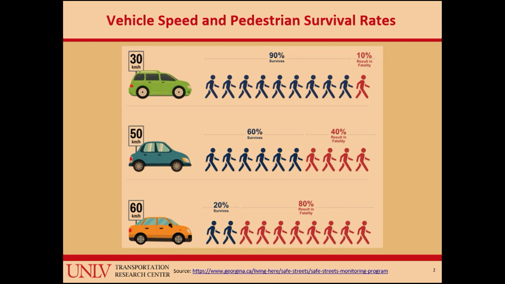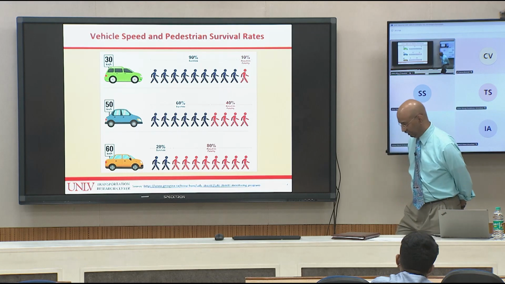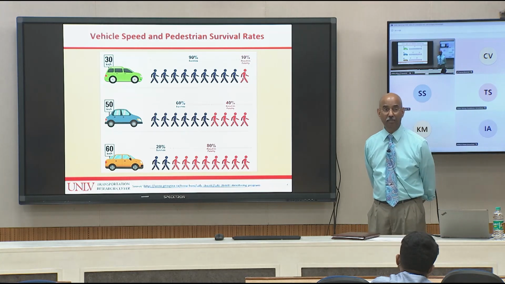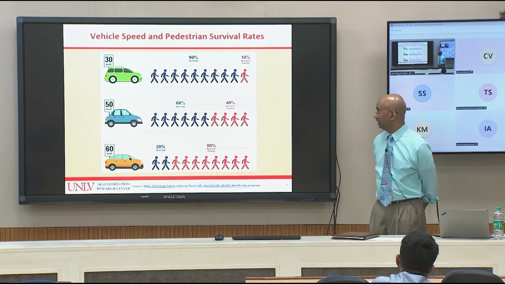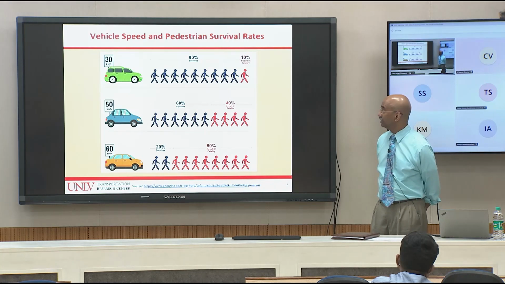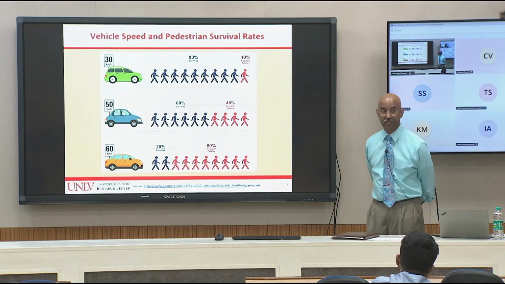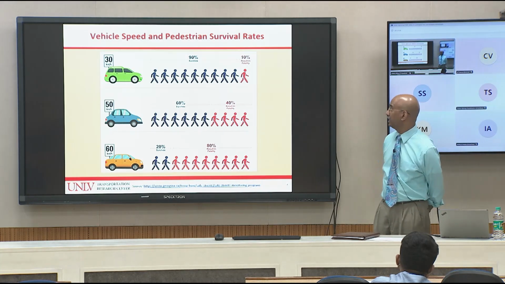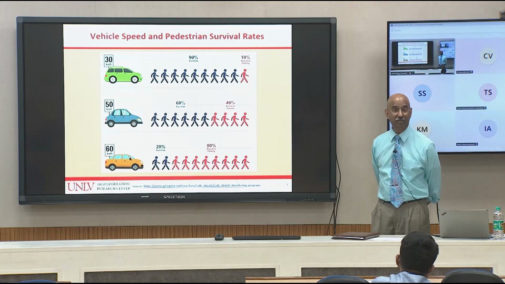In the middle, at 50 kilometers an hour, the probability of survival drops from 90 to 60. However, when you double the speed from 30 to 60 kilometers an hour, the probability of survival drops from 90% to just 20%.